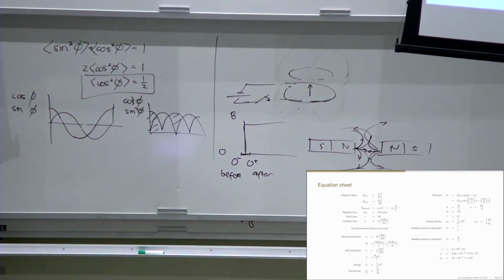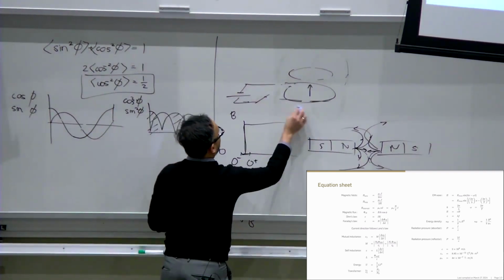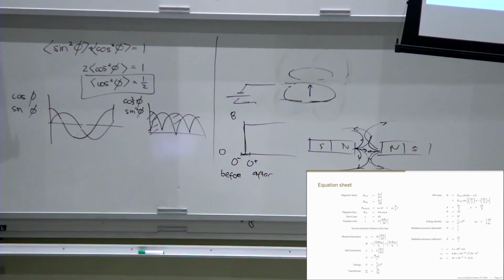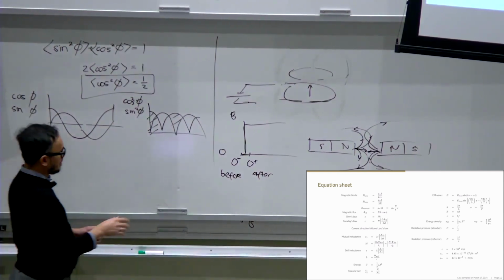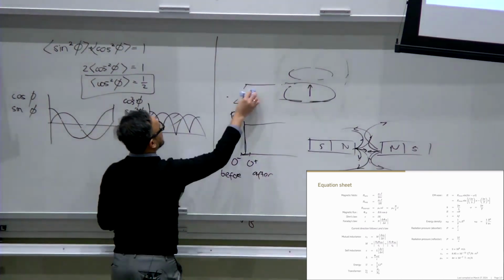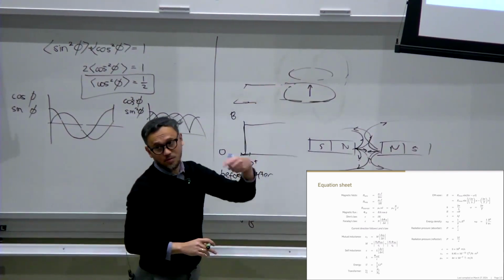Okay, Sophia. Oh, okay, good. The direction of the induced magnetic field always opposes the change of flux. Right now, the point of this question is that the ring will jump because of Lenz's law.